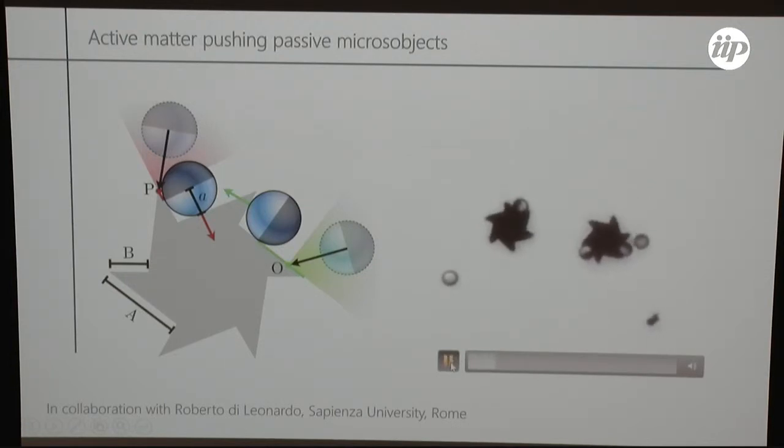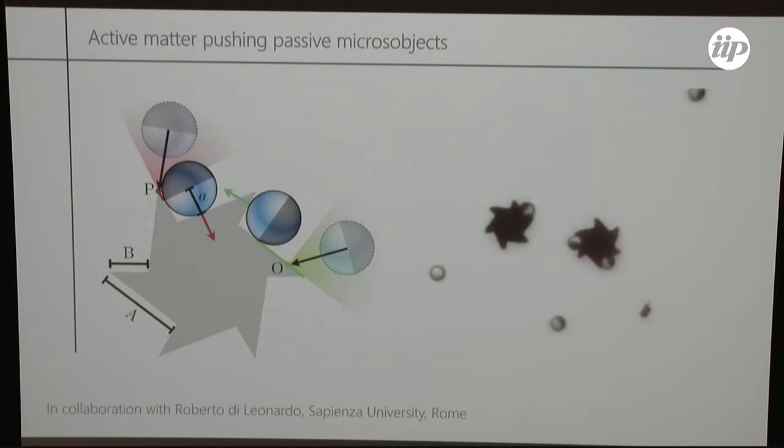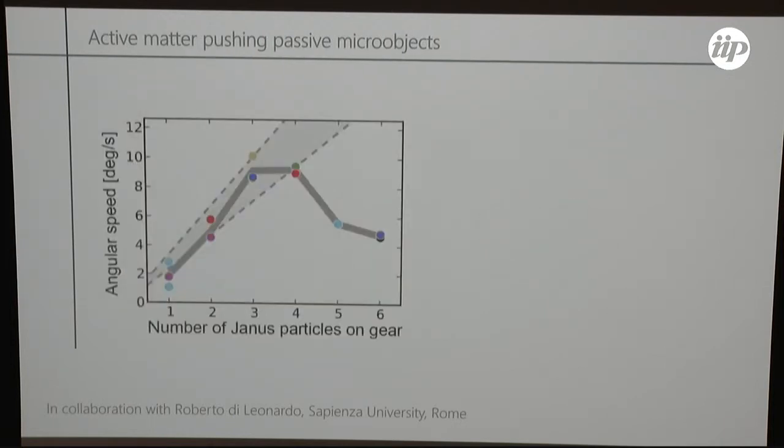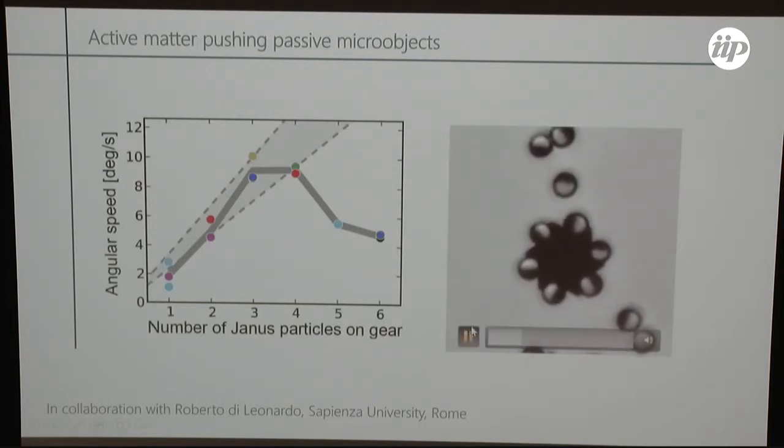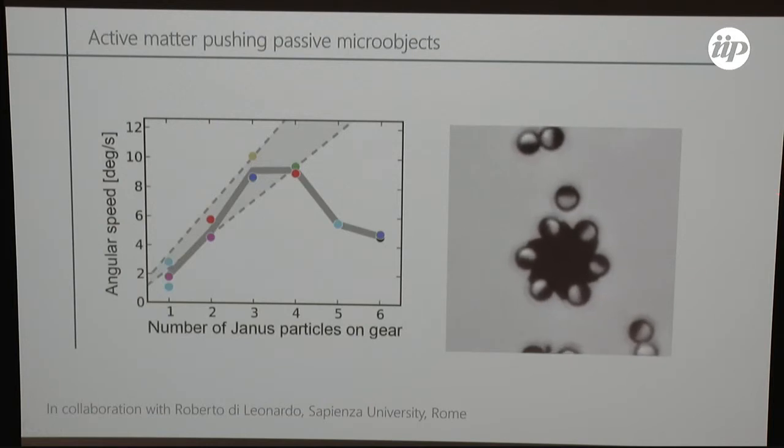So here you see that if you have one particle rotating here, it's quite slow. Two is a bit faster. This also showed that the interactions here were pretty much short-ranged. And if you wait for long enough and you observe the particles self-assembling, then if you're lucky and patient enough, you can see this very nice assembly.